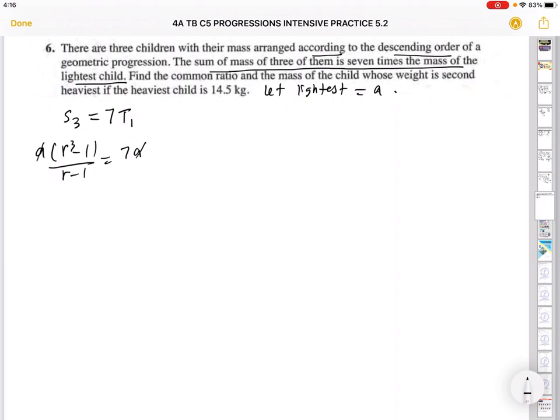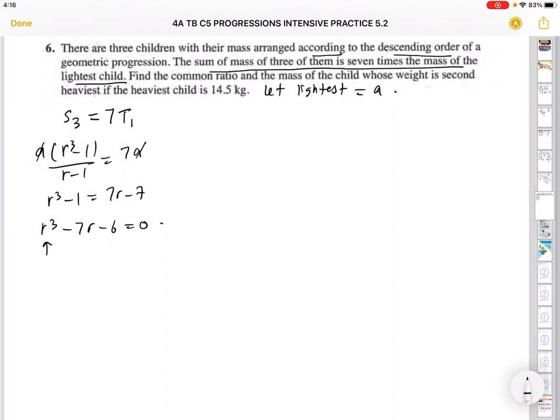So you get R^3 minus 1 equals 7R minus 7. And here's the problem. You got stuck because you don't know how to factorize a cubic function. It's not unsolvable, it's just that it's not in your syllabus. We have to use the factor theorem to solve it. It's in IGCSE and A levels, but not in SPM. So we got stuck.